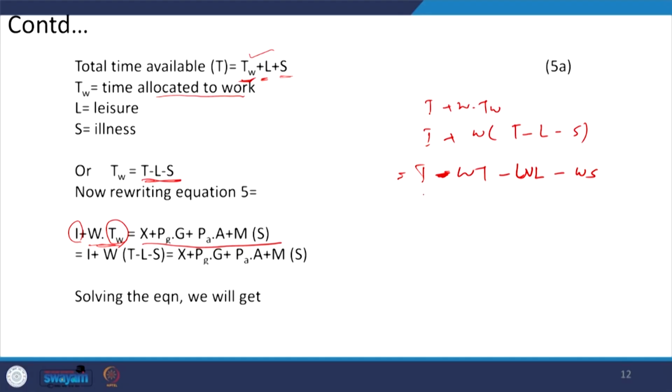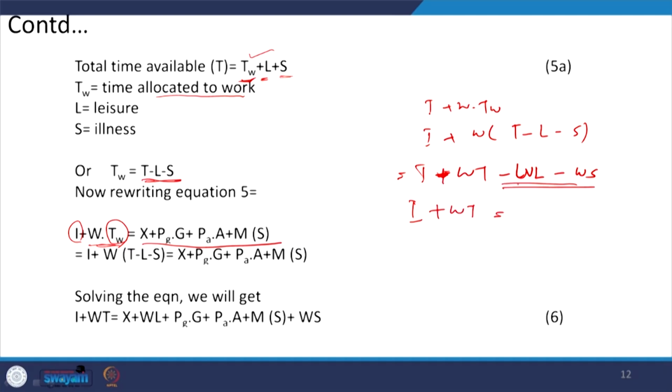Solving this, we find I plus WT, these are the two items that are shifted to the right hand side. After this we can see the right hand side: this is X plus, the WT that was on the left hand side, this WL is coming to the right hand side, and PG into G, PA into A, and MS plus this WS from here. So you can just solve these equations.